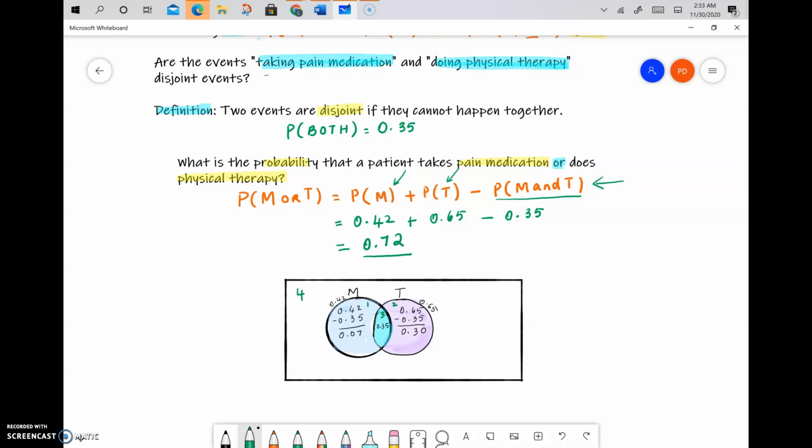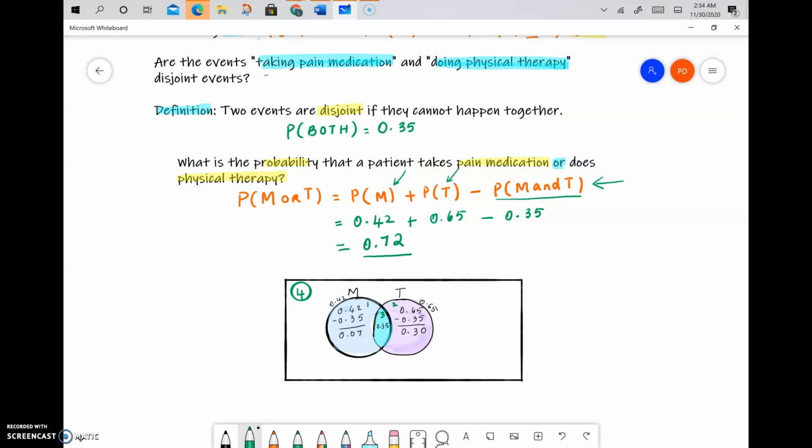But in the blue region and the purple region, we do need to subtract the overlap because those regions represent only medication or only physical therapy and not including both. The region outside, which is region 4, is the probability that a patient does neither physical therapy nor medication, which means no physical therapy, no medication.